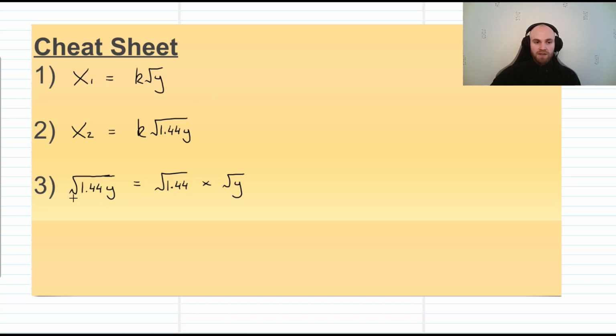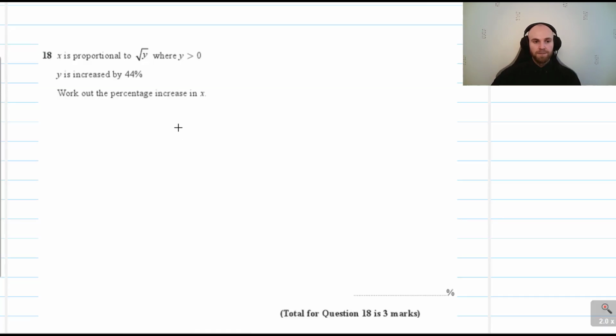And then this part here, this root 1.44y, is going to equal root, we can split this into 2. So it's going to be root 1.44 multiplied by root y. So x1 is proportional to root y. But this means that x1 equals, we need this value k, this value that we don't know what it is, k root y.